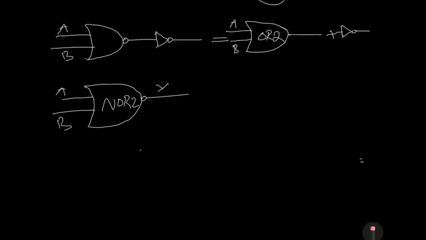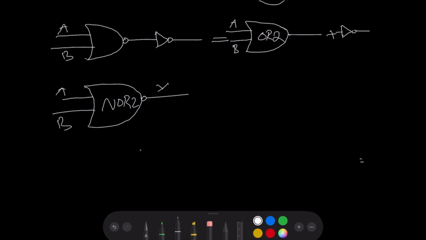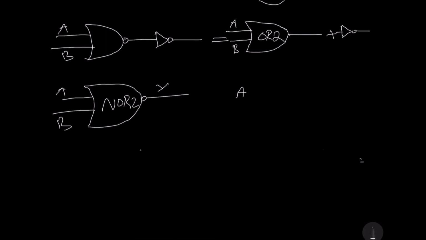We can write this new logic gate, which is a NOR gate, as A or B, NOR, or we can call it A NOR B, equal to Y.